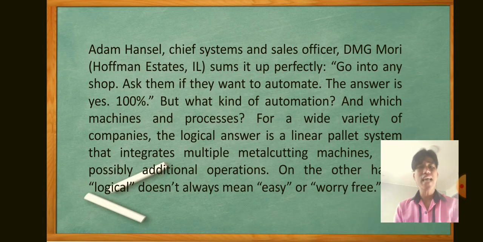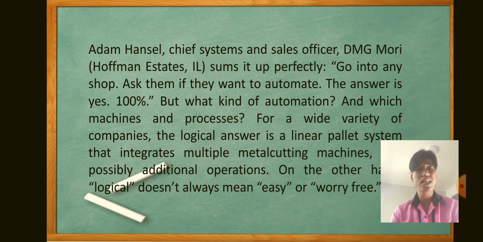Hansel, Chief System of Sales and Sales Officer, BMG Mori, sums it up perfectly. Go into any shop, ask them if they want to automate. The answer is yes, 100%. But what kind of automation?